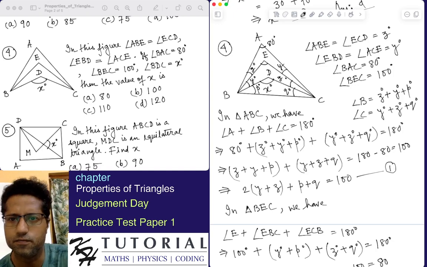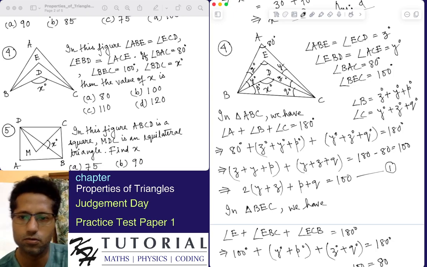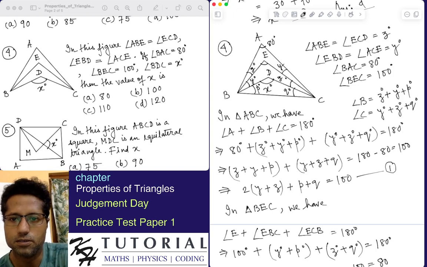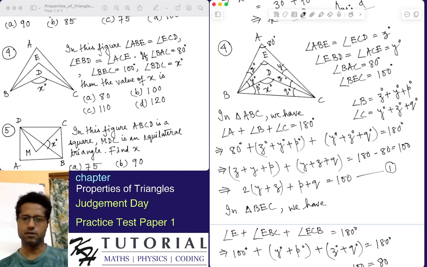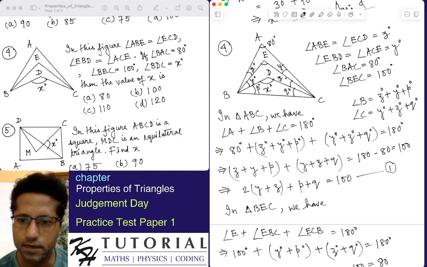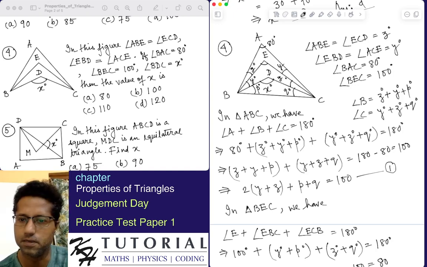So in triangle ABC we have angle A plus angle B plus angle C equals 180 degree. This means 80 degree plus angle B. Considering the triangle ABC, we know that angle B is equal to Z plus Y plus P, and angle C will be Z plus Y plus Q. So we have 80 degree plus Z plus Y plus P plus Y plus Z plus Q is equal to 180 degree.